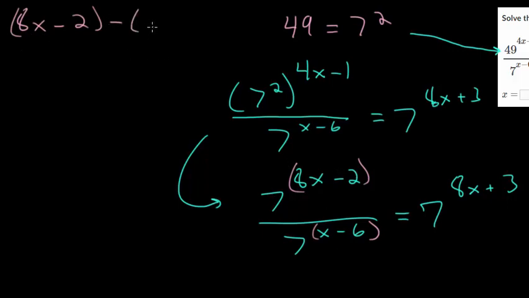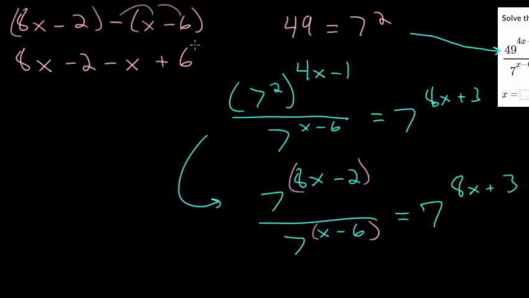So minus, and I'm putting everything in parentheses so that we don't make any mistakes with our signs, since we're subtracting this entire expression. If you don't put parentheses, you might end up writing minus x minus 6, but really this negative will distribute and you get 8x minus 2 minus x plus 6. So if you don't subtract the entire expression, you're going to end up with the wrong sign here.